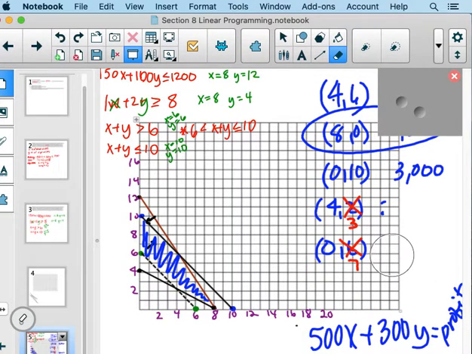So Jackson, can you tell me what 0, 7 gets us? 2,100. Okay. Okay, so the ordered pair 0, 7 is going to get me 2,100. Molly, what did 4, 3 get me?